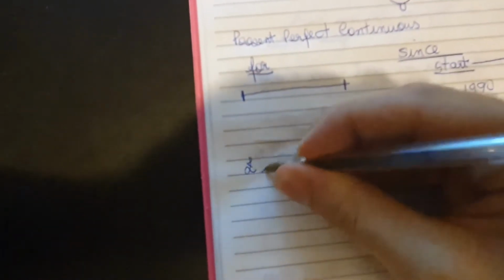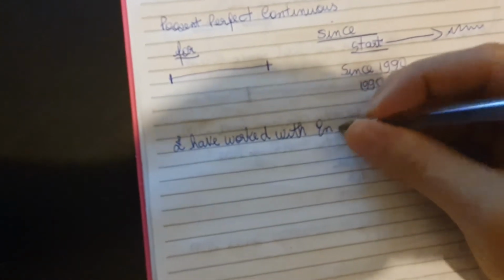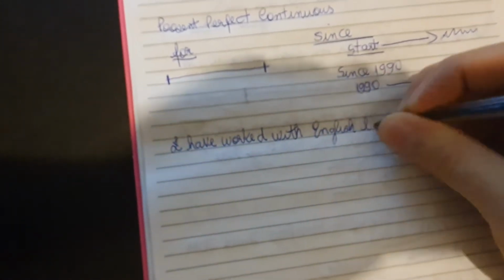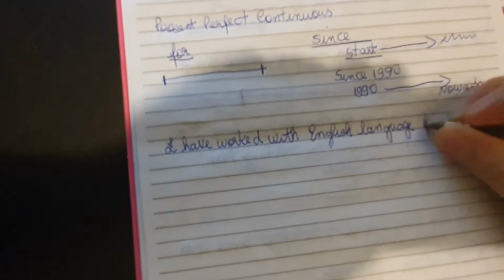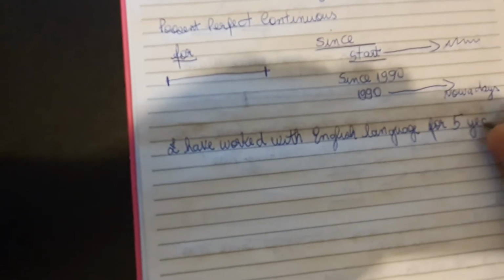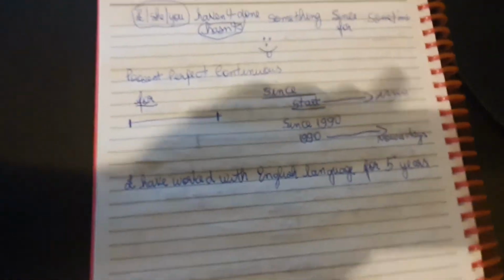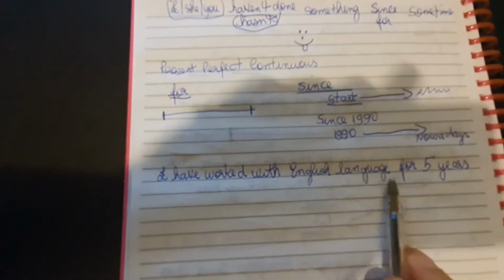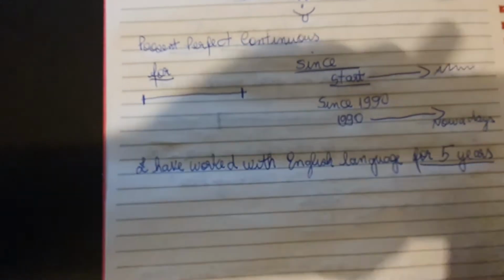I have worked with English language for, for example, 5 years. That's not the case, right? It's just an example. I have worked with English language for 5 years.